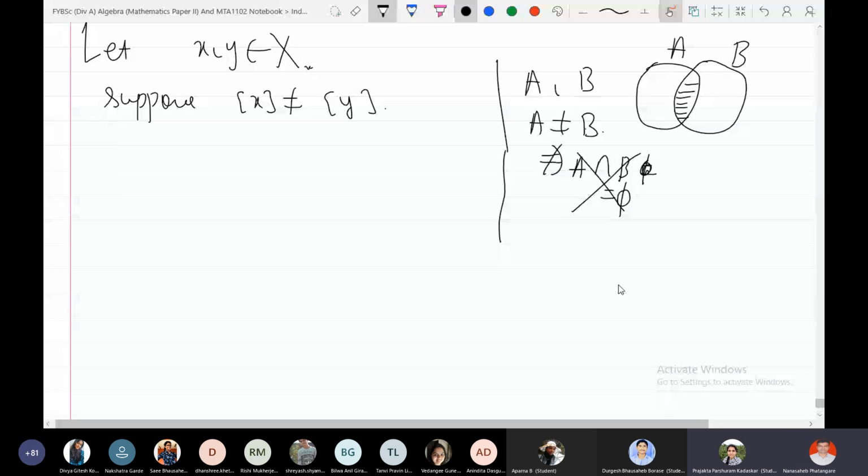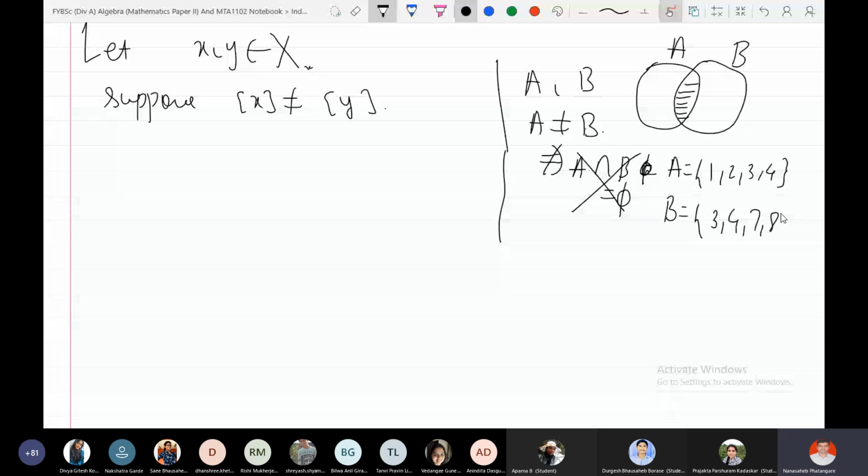Okay, let me give you a particular example, because this idea you need to understand clearly. Take A as 1, 2, 3, 4, and look at another set B as 3, 4, 7, 8. Are these two sets equal?